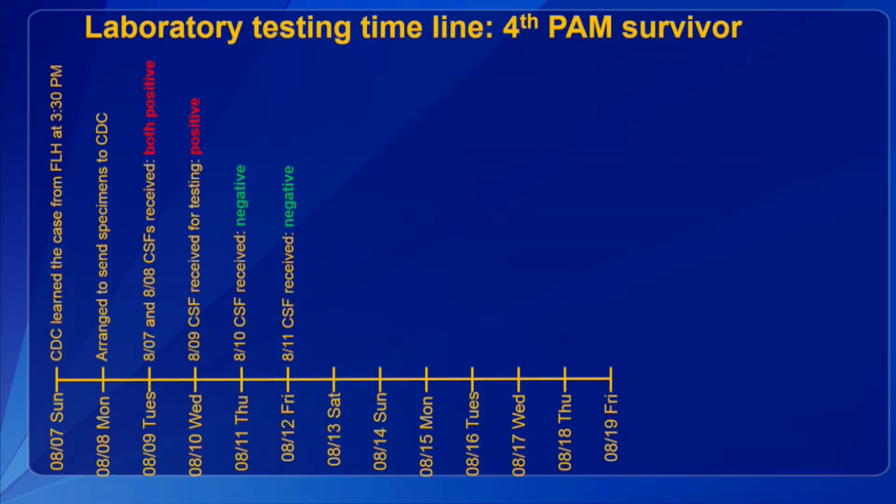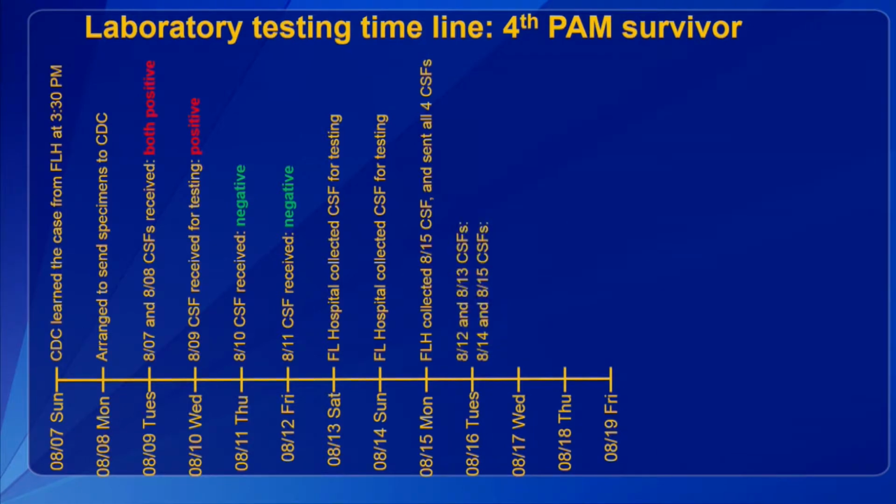And Florida Hospital kept collecting specimen Friday through Monday, 4 samples. And we received another batch of samples on Tuesday. But surprisingly, the Monday, Friday, and Saturday specimen came back weak positive. And we repeated these samples, and they were genuine positive.